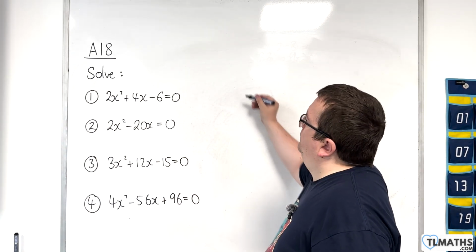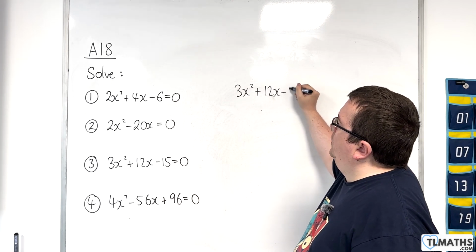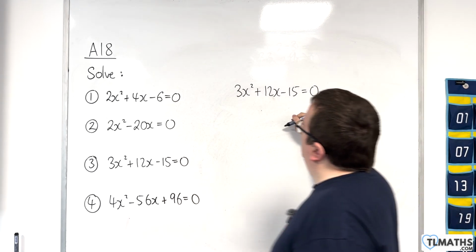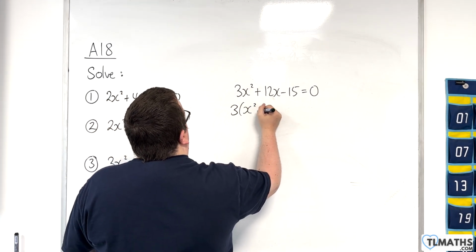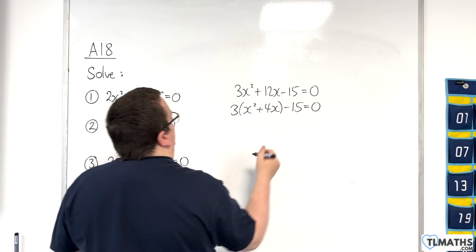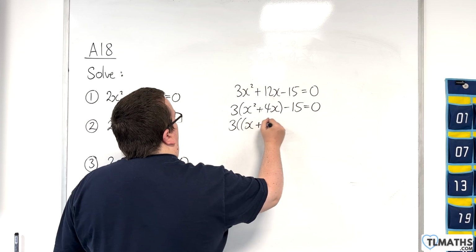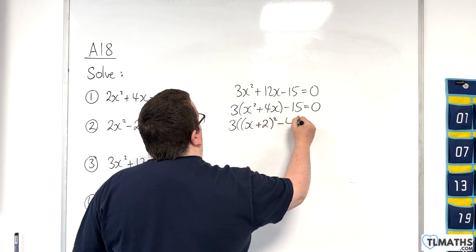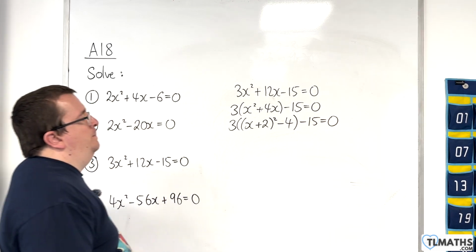So number 3, we have 3x squared plus 12x take away 15 is equal to 0. So we'll factor the 3 out of the first two terms, so x squared plus 4x, take away 15 equals 0. Then complete the square on what's inside the bracket, so x plus 2 squared, take away 4, take away 15 equals 0.